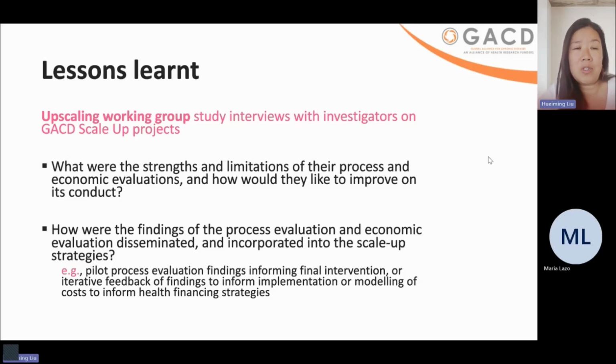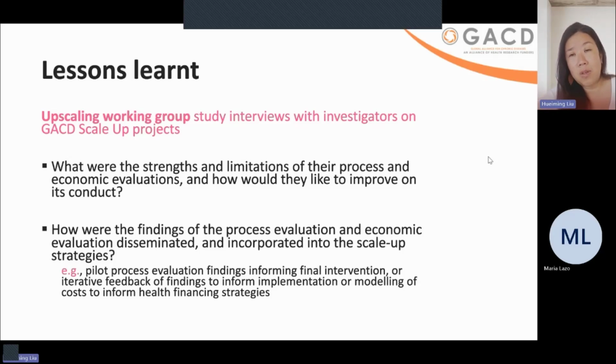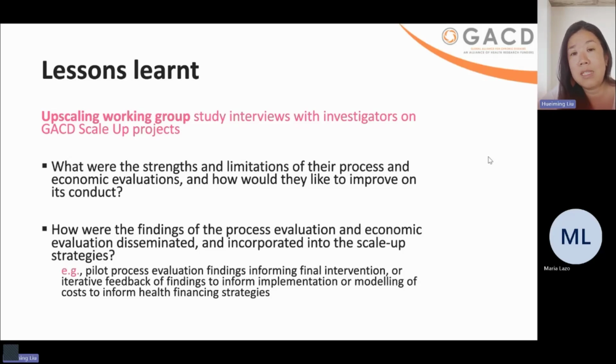So we were quite keen to learn from lived experiences of investigators from the scale-up projects as to what were the strengths and limitations of their process and economic evaluations, and how they would like to improve on their conduct. And secondly, how were the findings of process and economic evaluations disseminated and incorporated into scale-up strategies? So we did 23 interviews with 17 scale-up studies, and I'll report our preliminary findings from them.